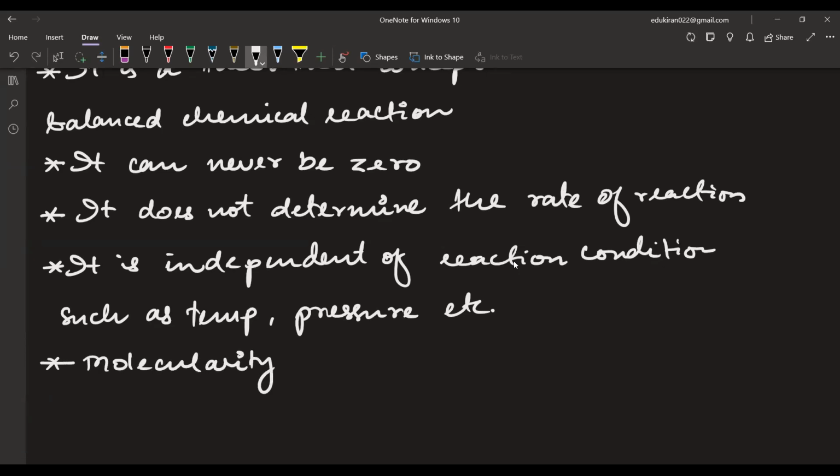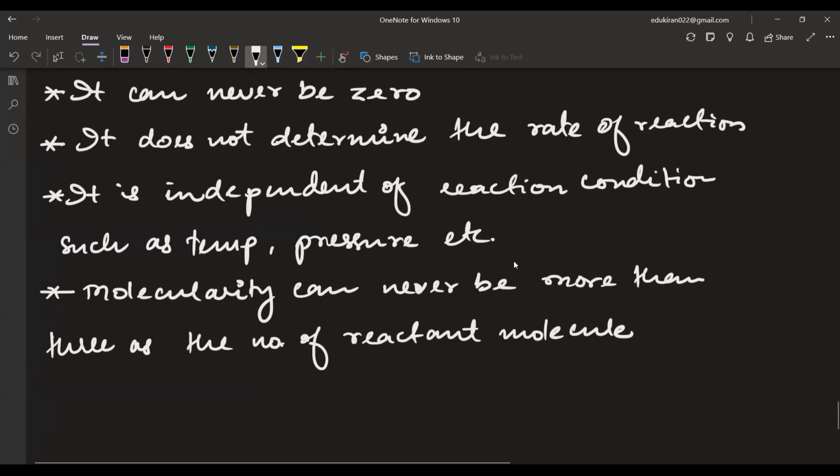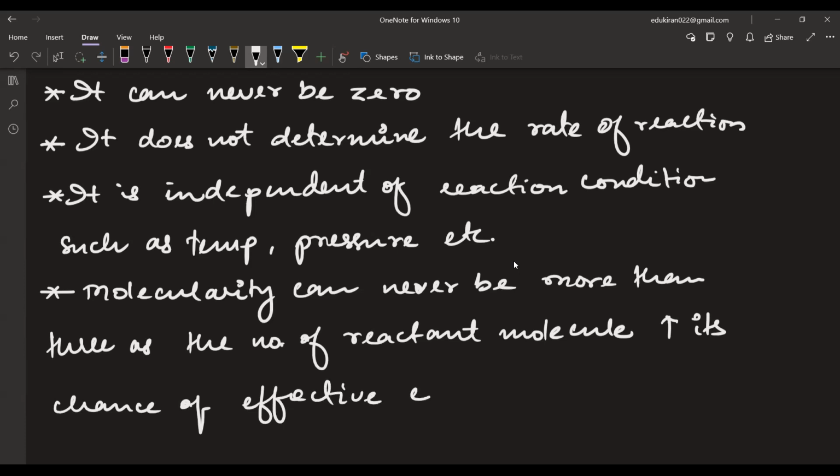Molecularity can never be more than 3, as the number of reactant molecules increases, its chance of effective collisions decreases.